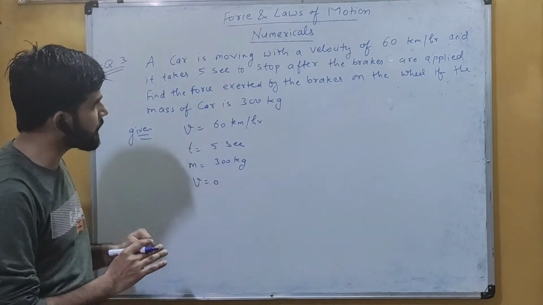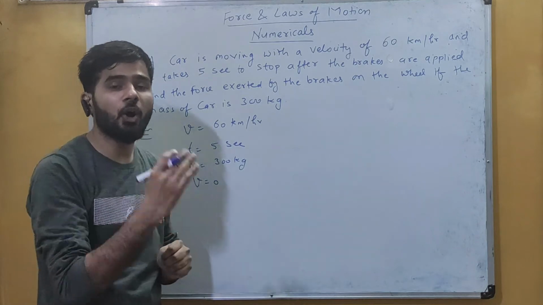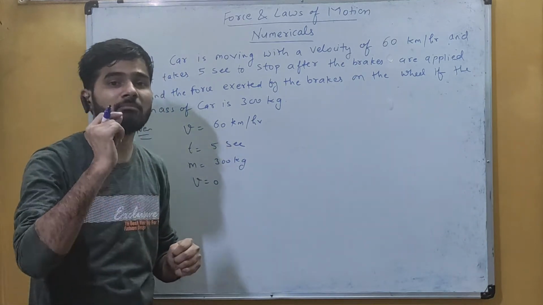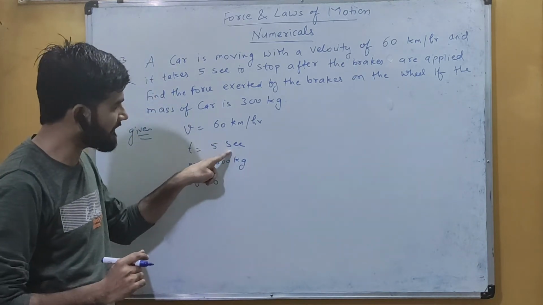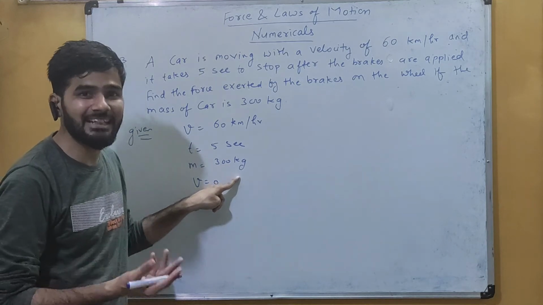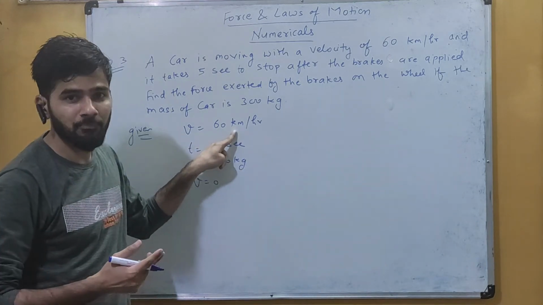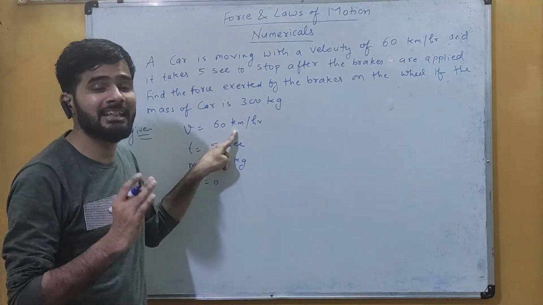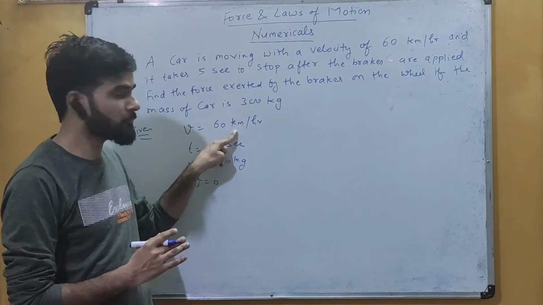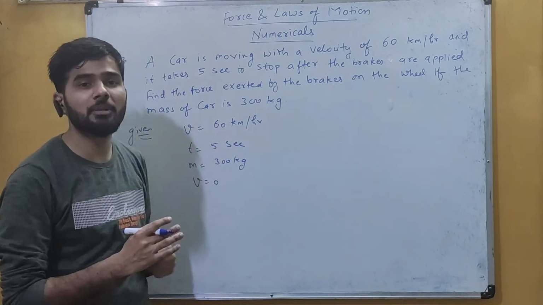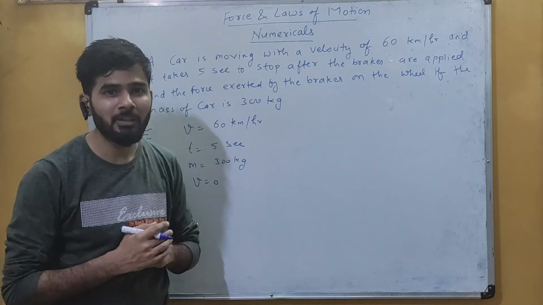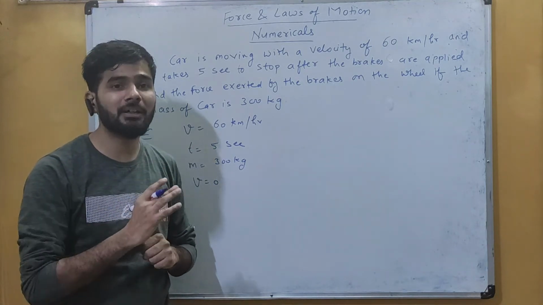Now here we have one more thing, that you have to write all the given data in the same system. Here we have second, we have kilogram, that is the SI system. Here also meter and second are in the SI system. So here we will change 60 kilometer per hour into meter per second.